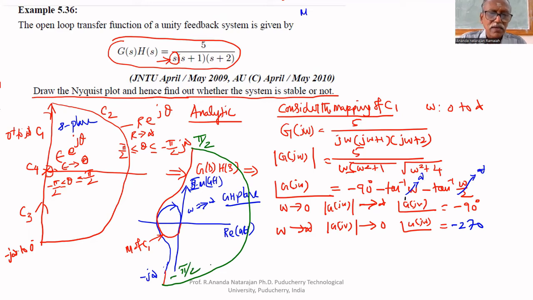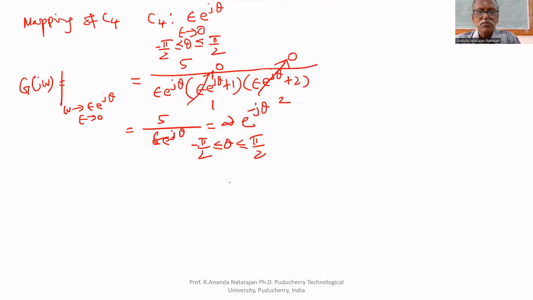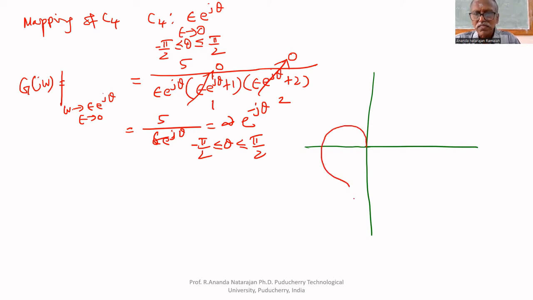This is the Nyquist plot. So, what is the Nyquist plot? This is for C1, segment C1 up to minus j infinity. This is for C3, up to plus j infinity.